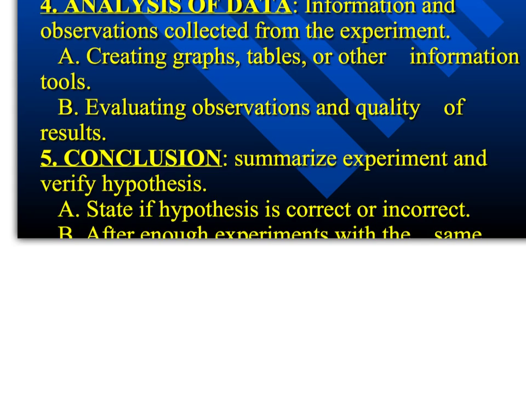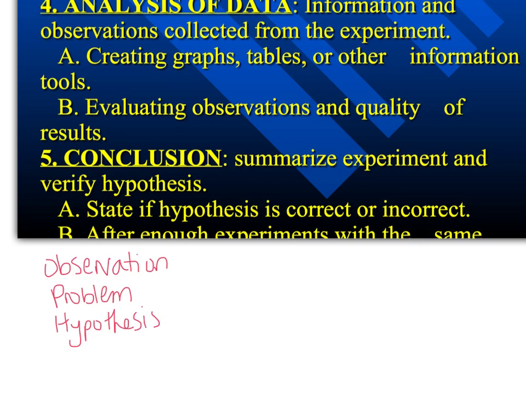So far, as we've gone through the process, we've had observations, we've had a problem, we've had a hypothesis, we've had the experiment and the data. What do you do after that? After that, you're going to analyze it. That means you're going to take information from it and do something with it.